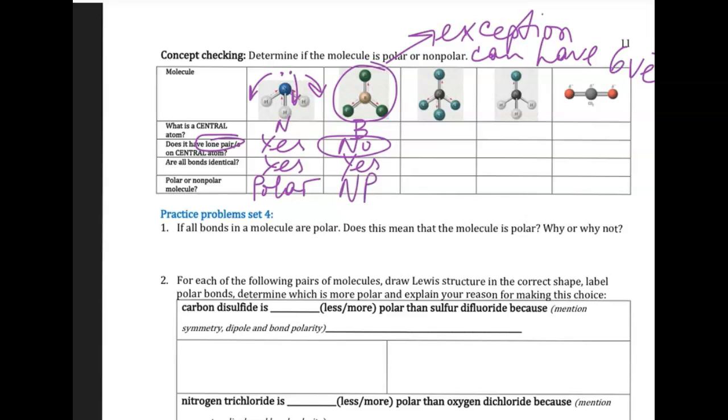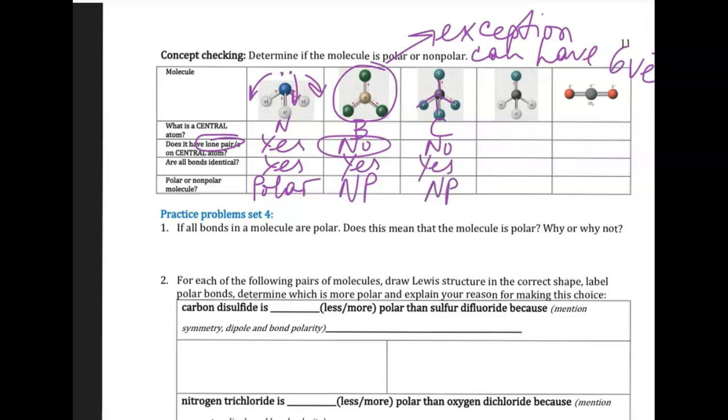The next one we already discussed, CH4. The central atom is carbon. No lone pairs here. All bonds are identical. Oh, I made a mistake. So it's carbon tetrachloride.